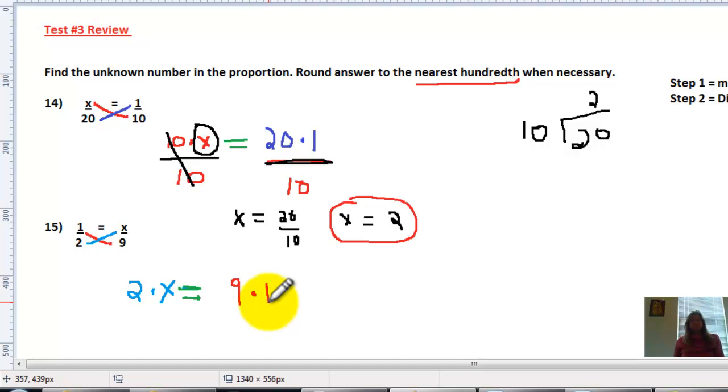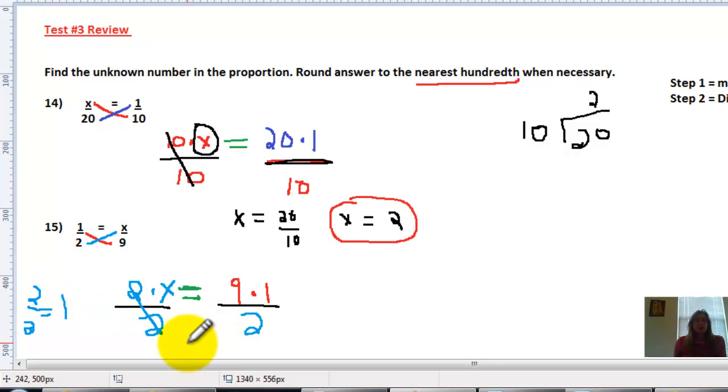Okay? So then, if you divide both sides by 2, then you will have your answer. So we're going to divide by 2 here and divide by 2. So that cancels, because 2 over 2 equals 1. Any number over itself is equal to 1.